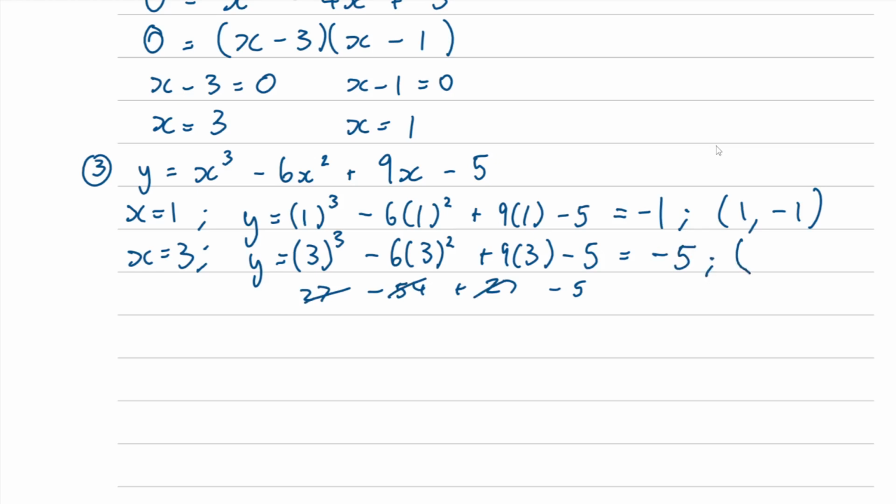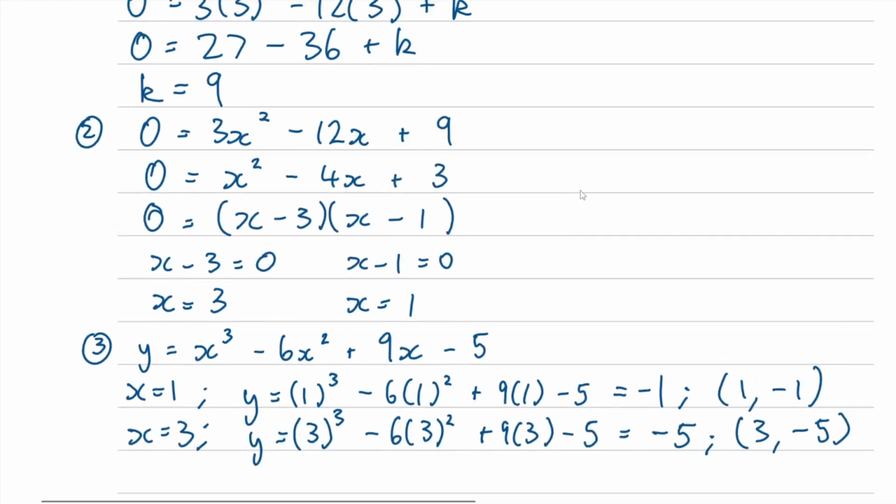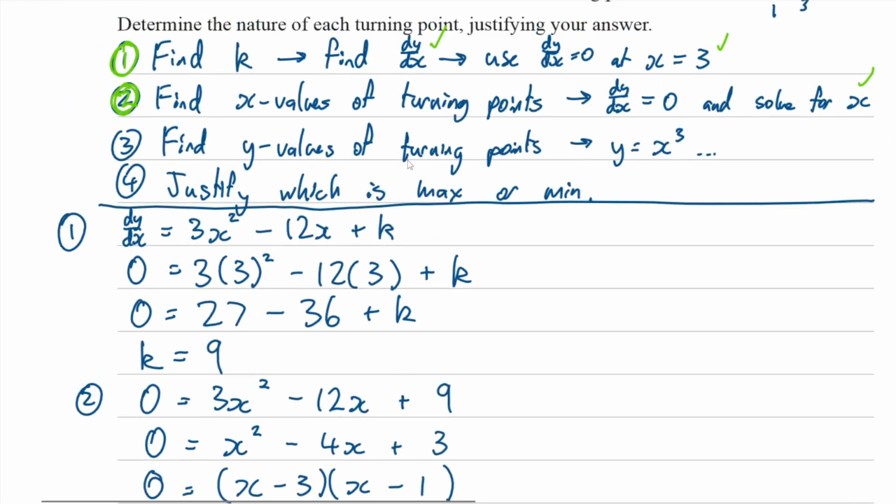So there's a point at x equals 3, y equals minus 5. Great, so we found the y values. And we wrote them as a coordinate, right, an xy pair. Now we need to justify which is the max or which is the minimum.